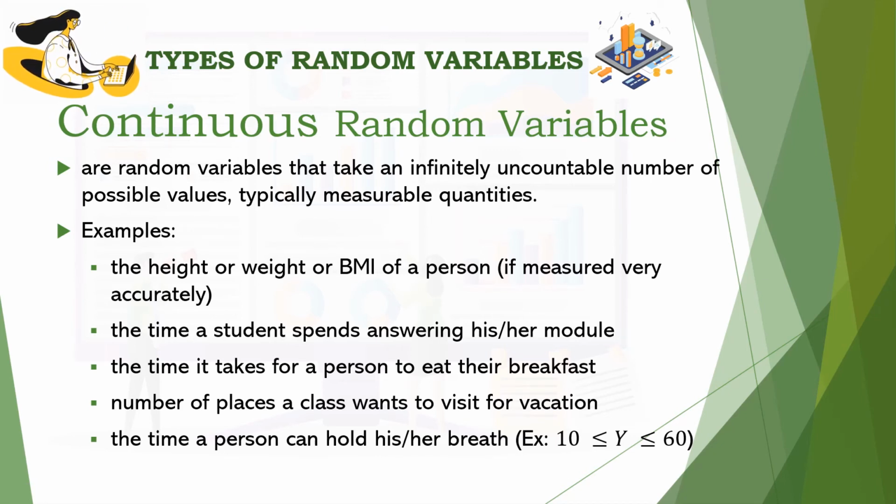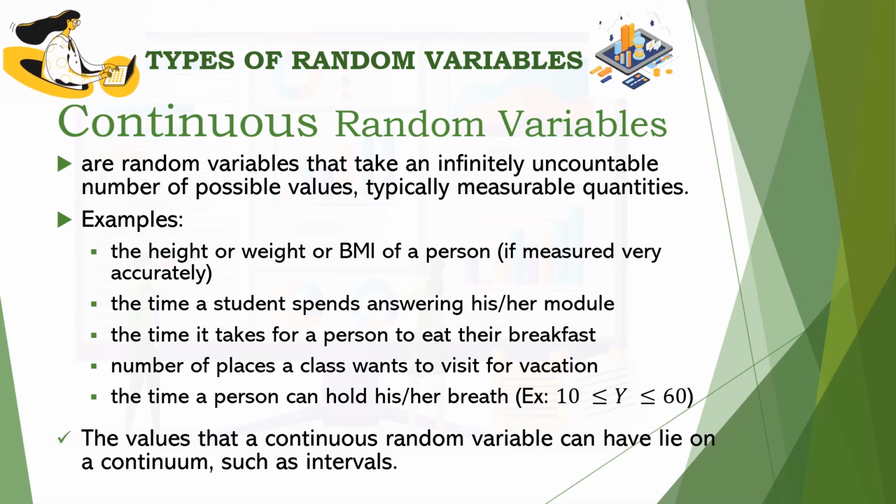That is why, in this case, it's better to state the possible values as an interval, such as y is greater than or equal to 10 and less than or equal to 60, if the lowest and highest values are 10 and 60, respectively. Therefore, the values that a continuous random variable can have lie on a continuum, such as intervals.